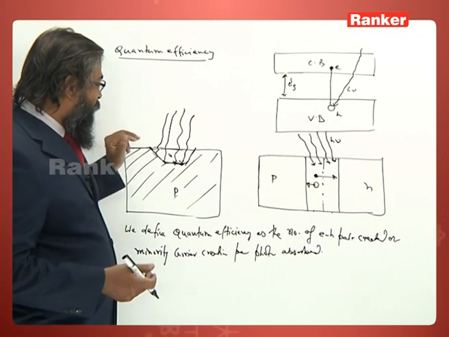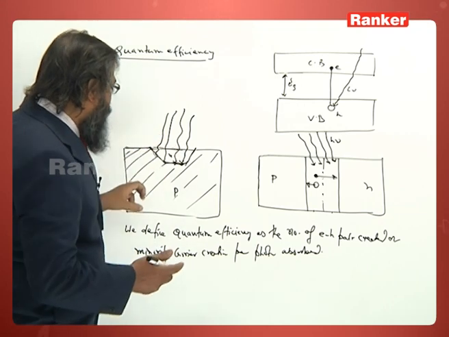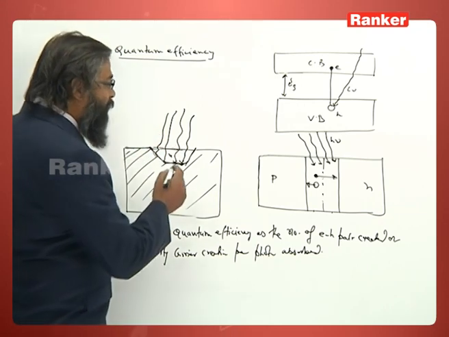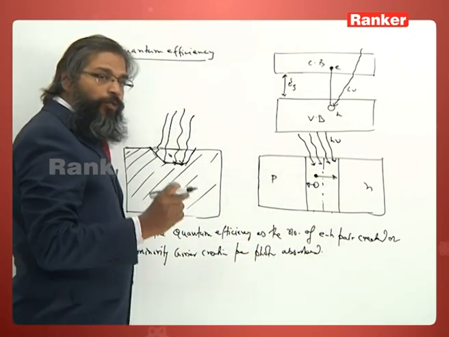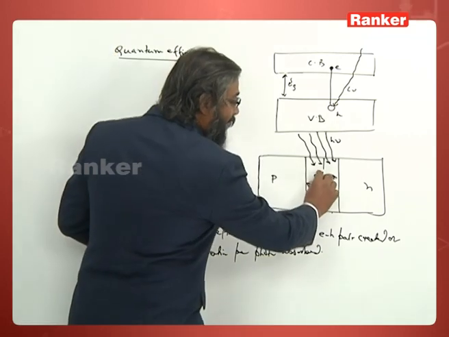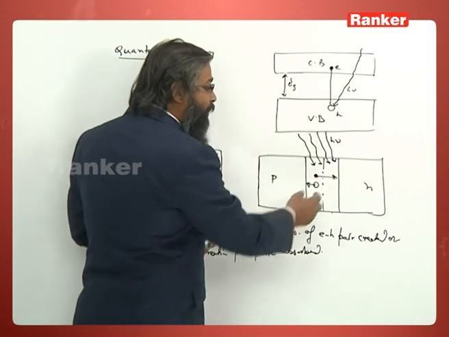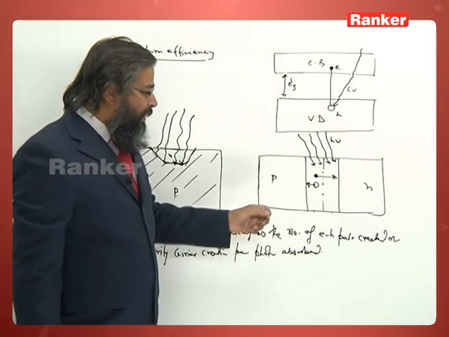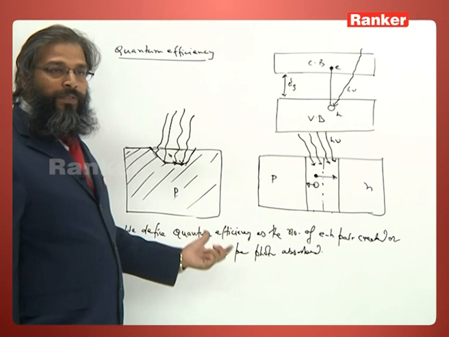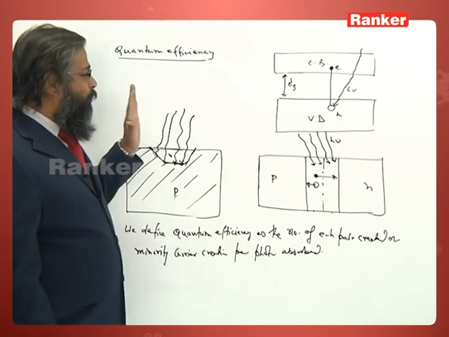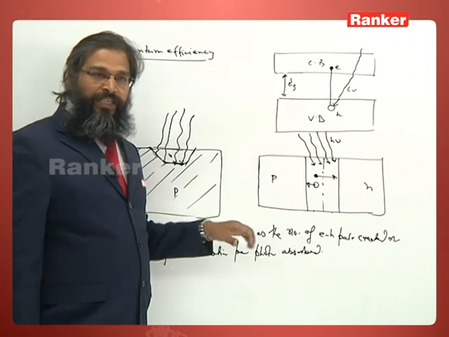Second, the photon absorption and electron hole pair creation should take place in the depletion layer, and the depletion layer width should be so small that before the holes and electrons recombine, they must be swept away by the high junction field. And the third point is that it should be thick enough that the quantum efficiency is very good. So, these are the criteria which we must take into account while fabricating a PN junction for a photodiode.